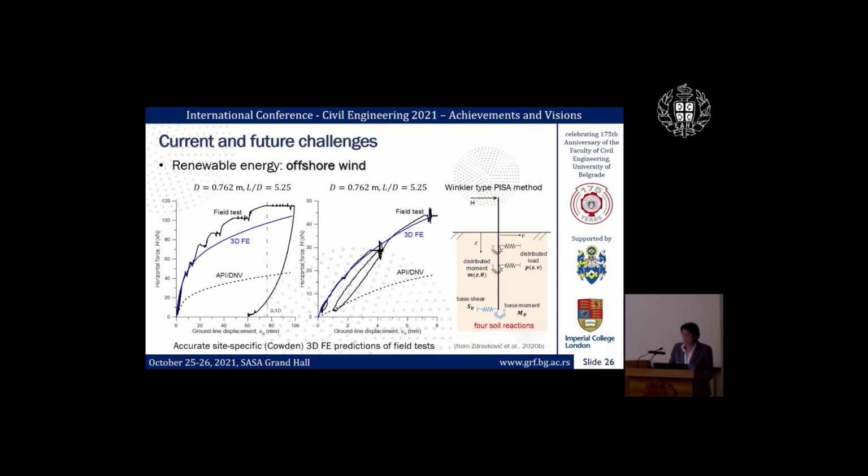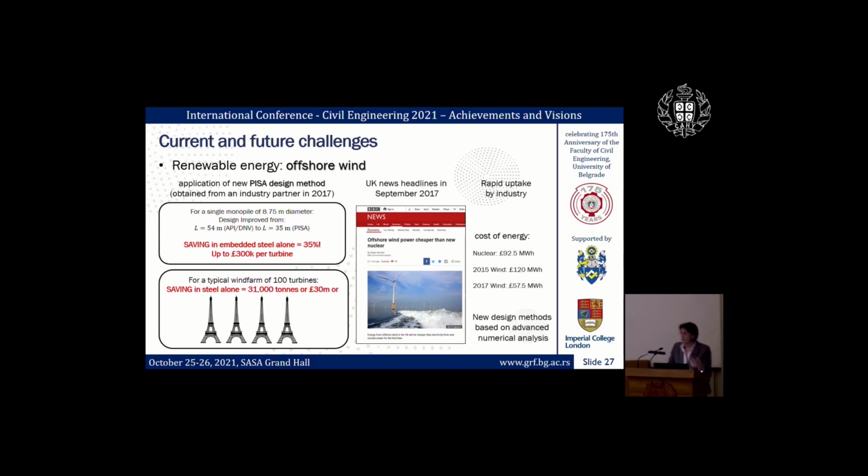And this is from their own calculation of the level of savings, which is quite a bit in the money itself, but also in terms of saving in steel, is apparently about 4 Eiffel Towers worth of savings. And this reduction of the cost of foundations translated itself immediately into the cost of the wind energy produced in the UK.